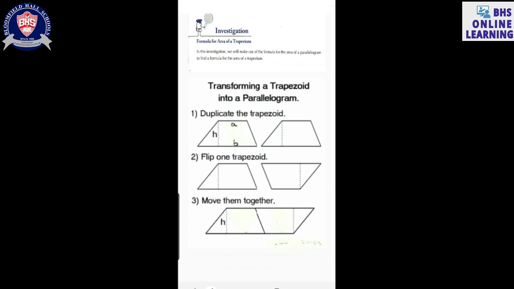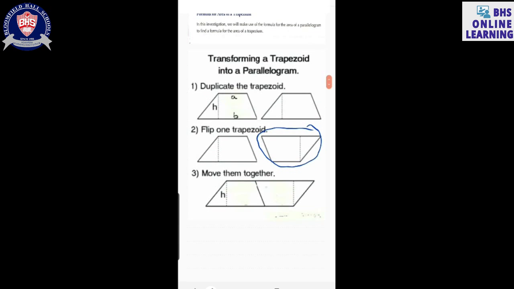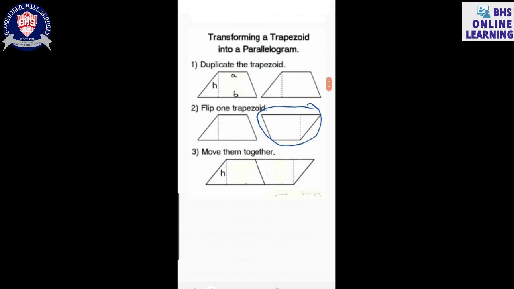Now in the second step, flip one trapezoid. It means flip this trapezium. The third step is to move them together. Two identical trapeziums can be fit together to make a parallelogram. Look at that.